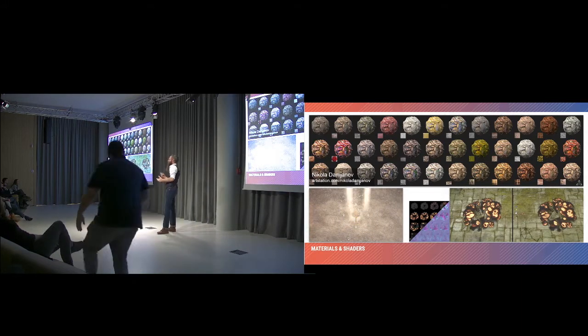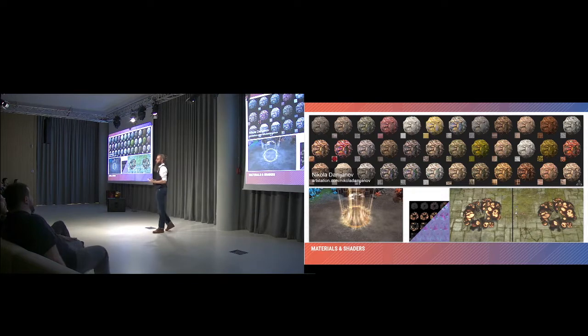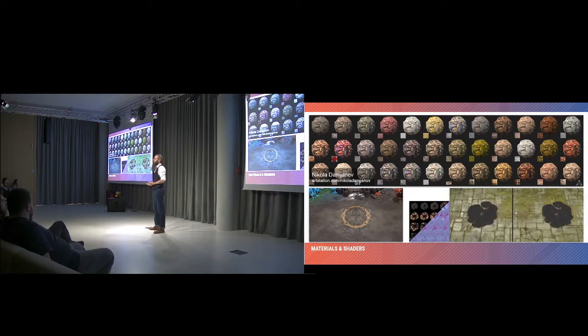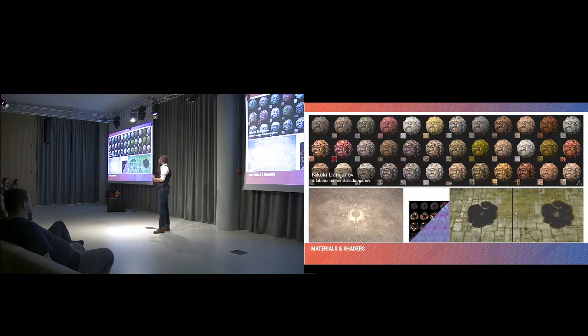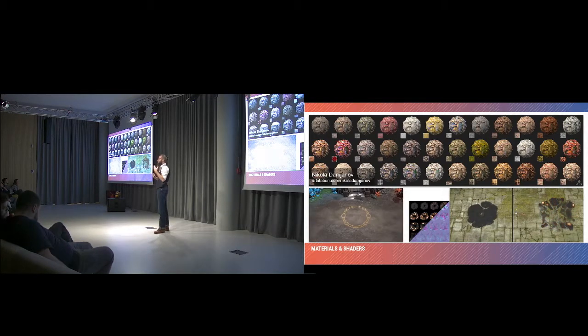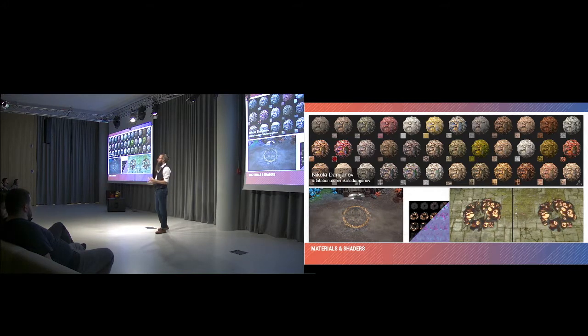So here we've got materials and shaders. A shader is basically a small program, or sometimes not so small, that's there to define the shape and the color of things. A material takes a shader as well as images and configuration to define a specific shape for a specific thing. Up top, we've got some of Nicola's work.